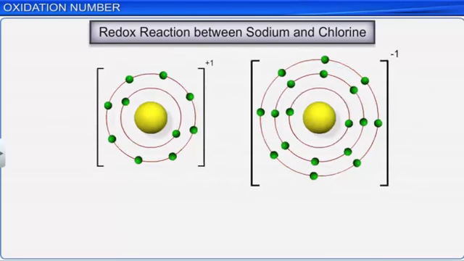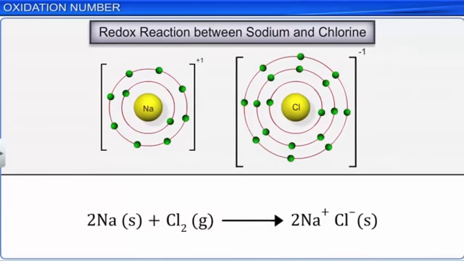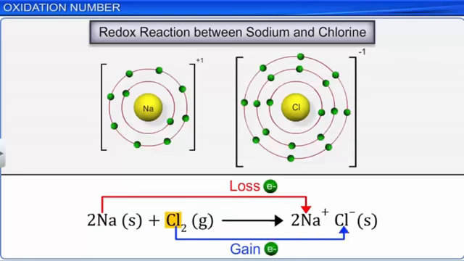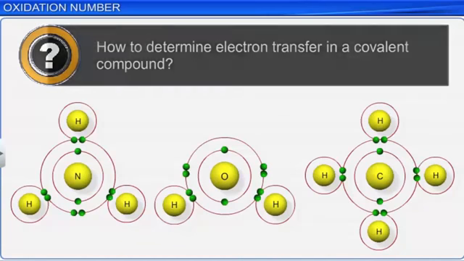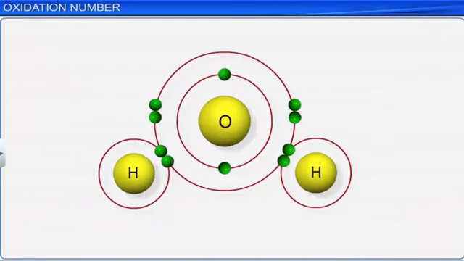For example, if you look at the ionic reaction between sodium and chlorine, it is clear that sodium loses an electron and chlorine gains an electron to form sodium chloride. But how does one determine an electron transfer in the formation of a covalent compound like water?